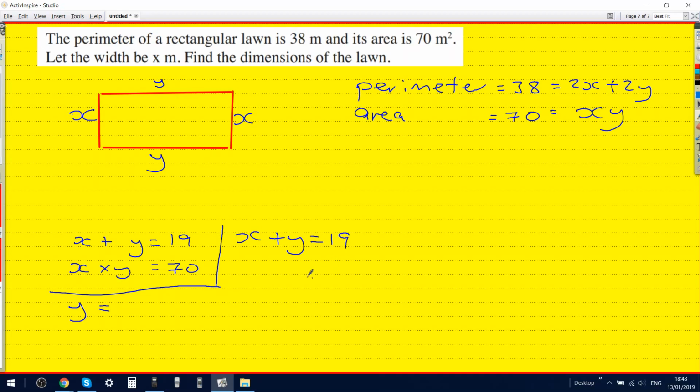If y was on its own, basically. Yeah, so make y the subject. Okay, so 19 minus x equals y. Yeah. And now you can sub that into the second equation. Okay, yeah. I'll write that down quickly.